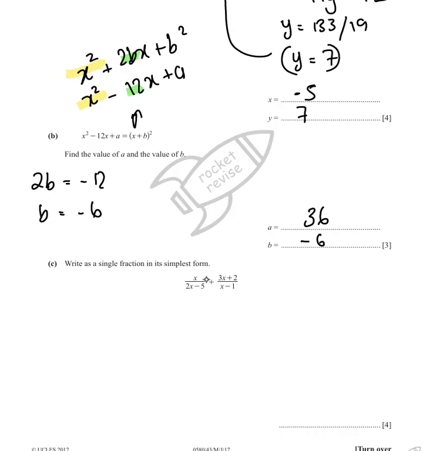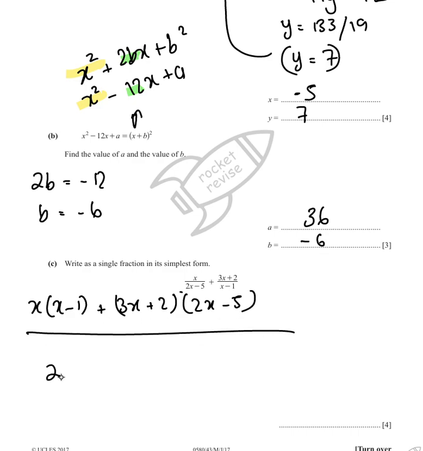Write as a fraction in its simplest form. Quick, quick, quick. How do you solve this one? x into x minus 1 plus 3x plus 2 into 2x minus 5 over 2x minus 5 into x minus 1.